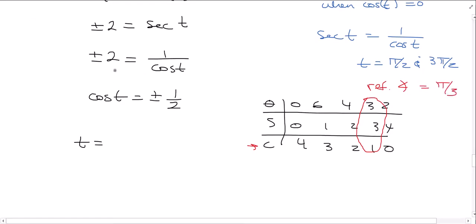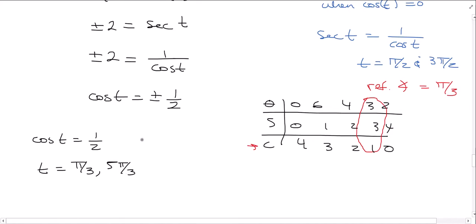So cosine is, let me split this up. Cosine is positive 1/2 in what quadrants? Cosine is positive in quadrant 1 and quadrant 4. So that means t is going to be pi over 3, that's the one in quadrant 1, and the one in quadrant 4 will be 5 pi over 3.